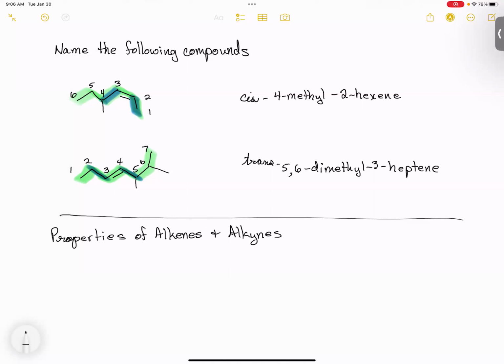And what we can say is, for the most part, the properties mimic the alkane, or the similar alkane.